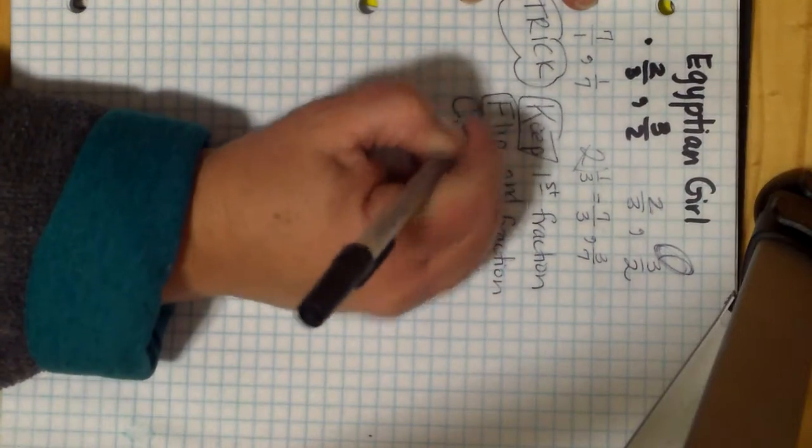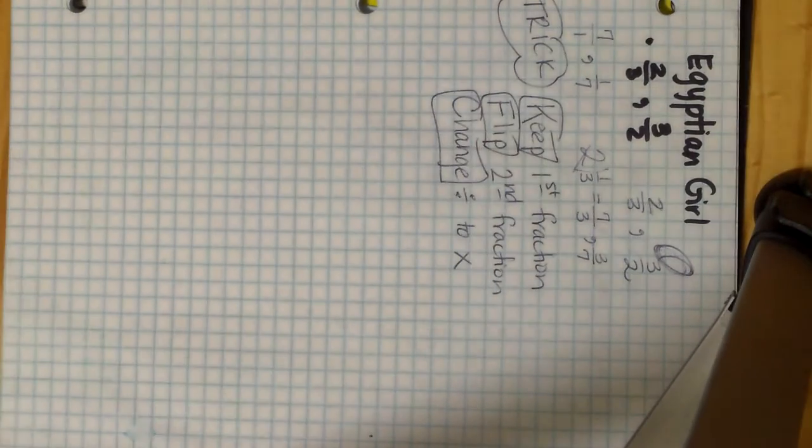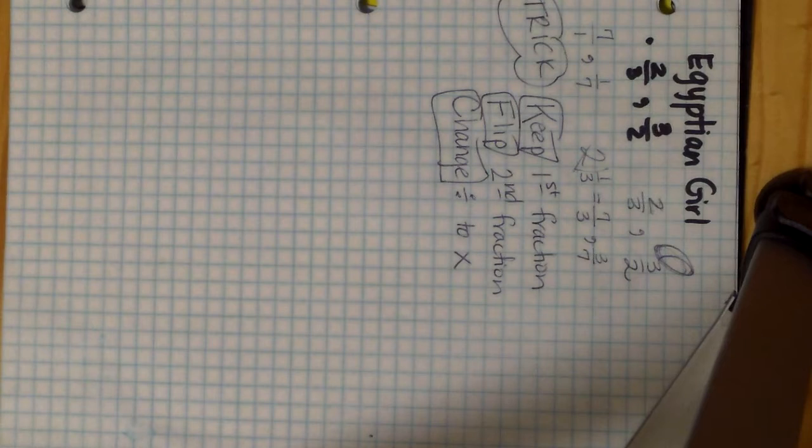And then from there, we already learned how to multiply fractions. It ain't no problem. Top times top, bottom times bottom, and then of course to simplify. So your entire practice sheet tonight on Egyptian Girl was nothing more than dividing fractions. It wasn't dividing whole numbers, it wasn't dividing mixed numbers, it's just dividing fractions.